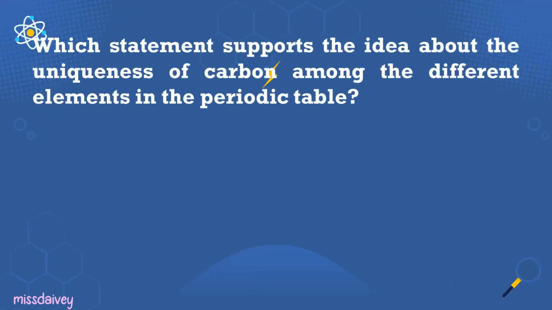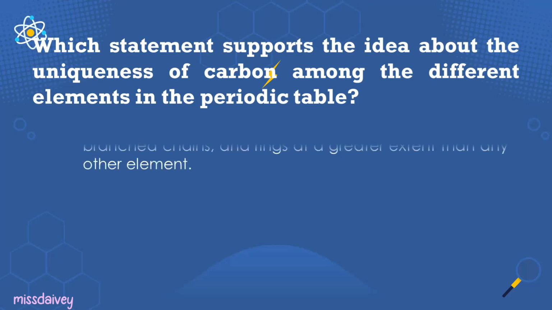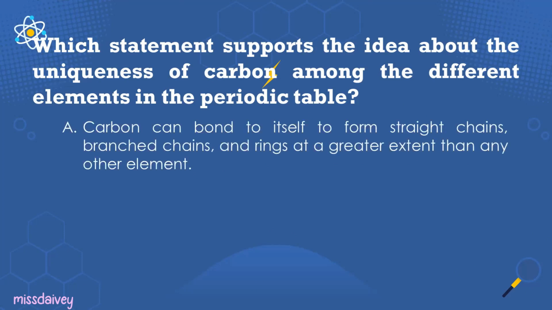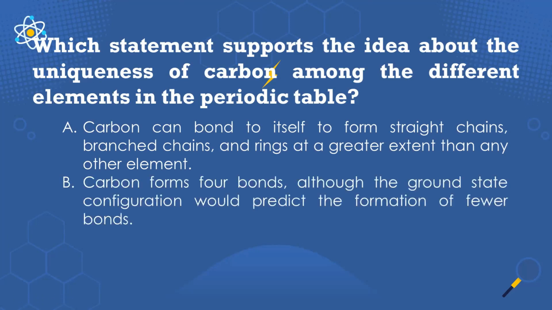Which statement supports the idea about the uniqueness of carbon among the different elements in the periodic table? Is it A, carbon can bond to itself to form straight chains, branch chains, and rings at a greater extent than any other element? B, carbon forms 4 bonds, although the ground state configuration would predict the formation of fewer bonds.